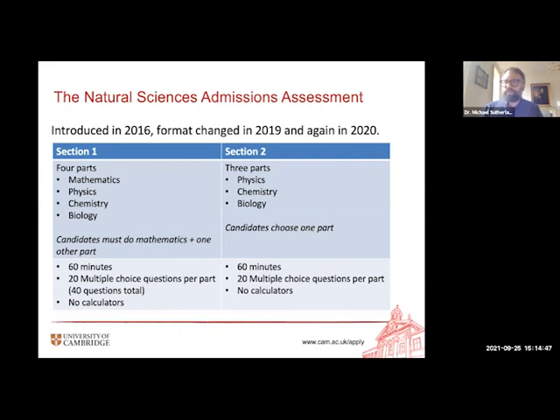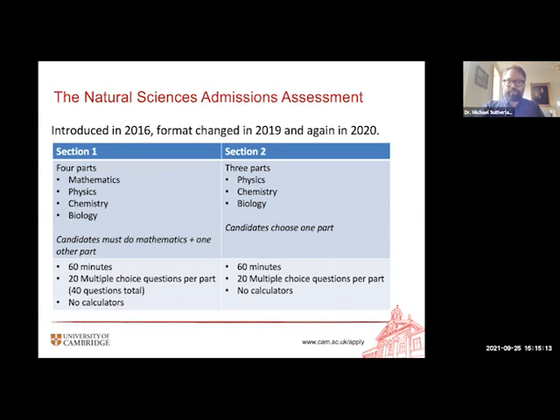You would just choose, say, biology if that was your main subject of interest. Here, there are 20 multiple choice questions, but you have 60 minutes to do them, so there are 3 minutes per question. You have a little more time in section 2, but the questions do tend to be a little more challenging. And again, no calculators in that section.